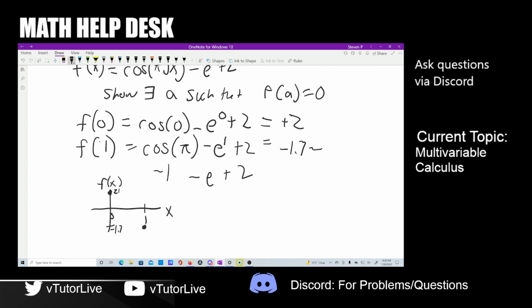But the fact that this is positive up here and this is negative down here means that if I draw a continuous line, and remember it's a continuous function, so it corresponds to a continuous line, if I have to be positive on the left side and negative on the right side, I have to cross 0 at some point, right?